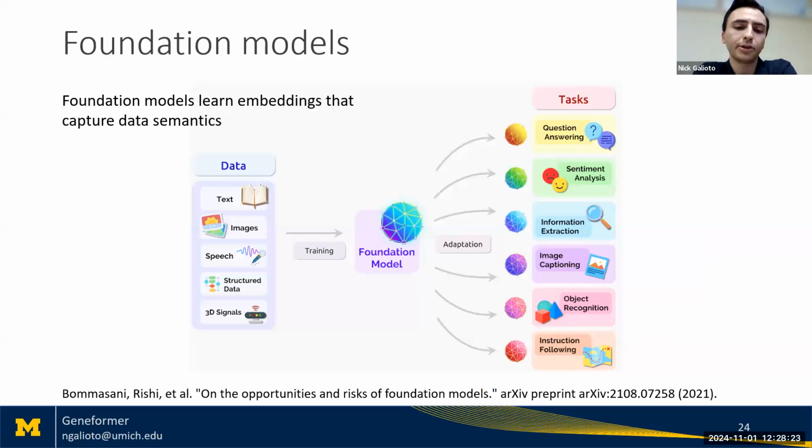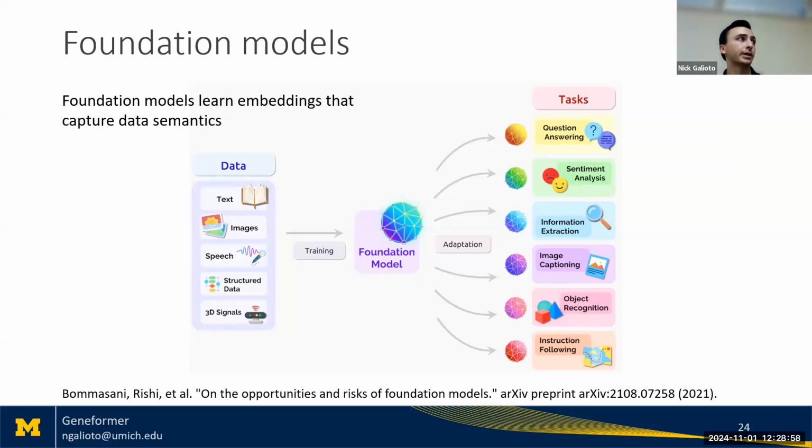First, just a brief introduction of what is a foundation model. At the heart of it, it's a neural network where you've taken a ton of data from a lot of different sources. It can be multimodal, it can be unimodal, and you use that to train the foundation model, the neural network, based on what's known as a pretext task, for example, masked language modeling. What this training does is it teaches the foundation model to extract the semantic meaning from data, basically.